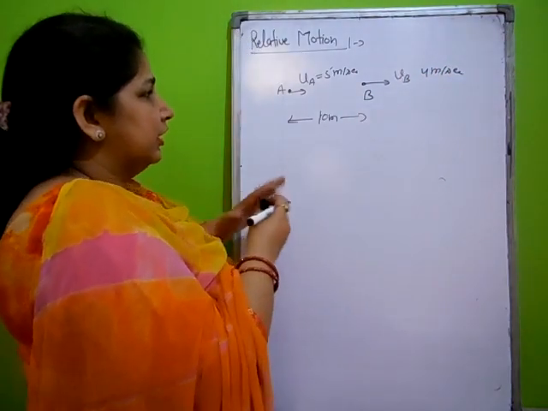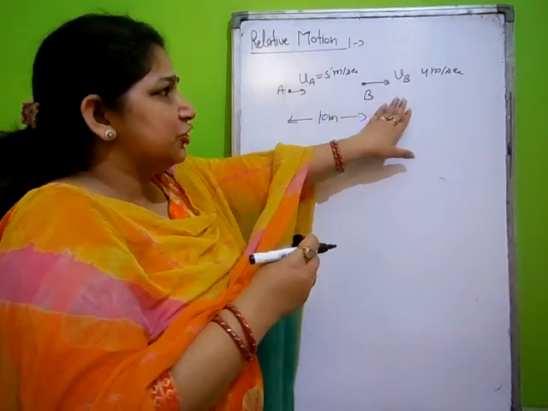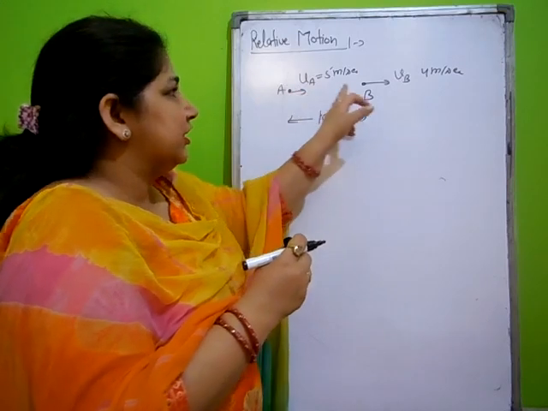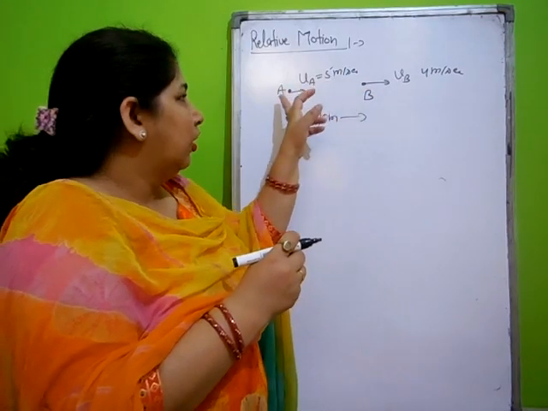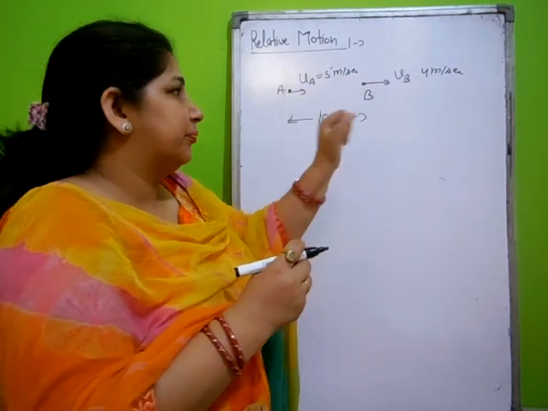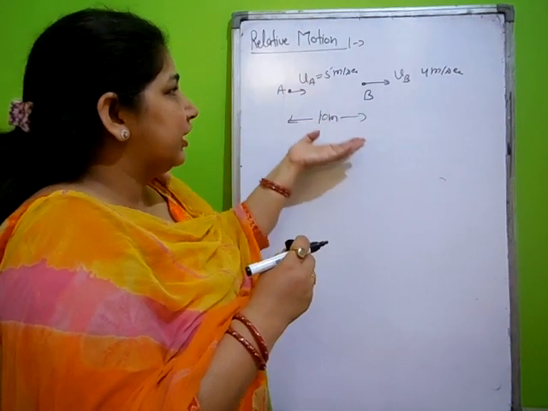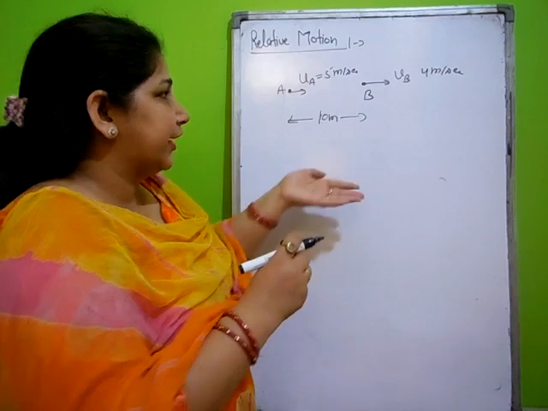What do we have? The distance is 10. If B is not moving, then definitely after 2 seconds A will reach near to this object or it will collide with this object. But B is also moving, so what is the difference after 2 seconds?